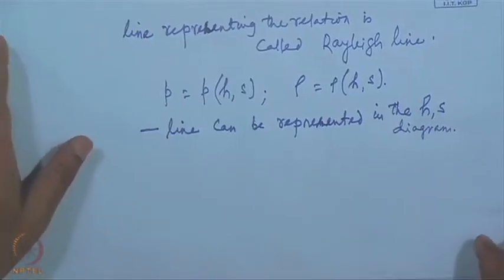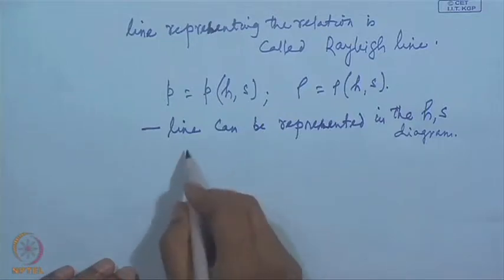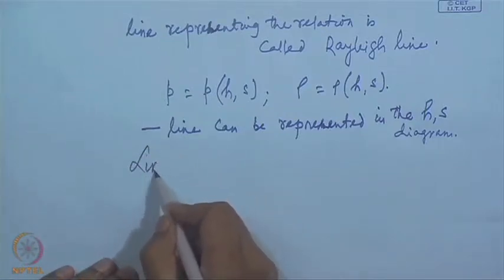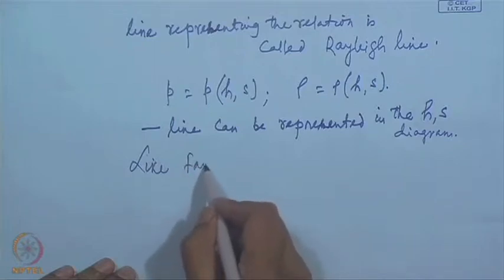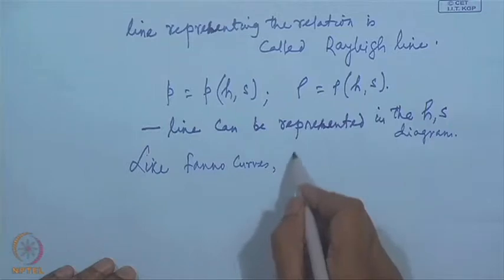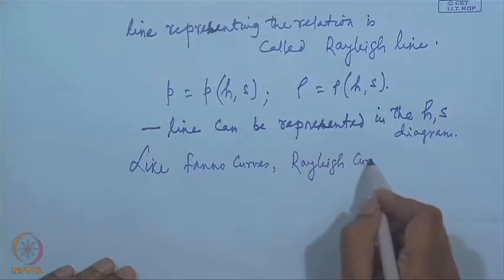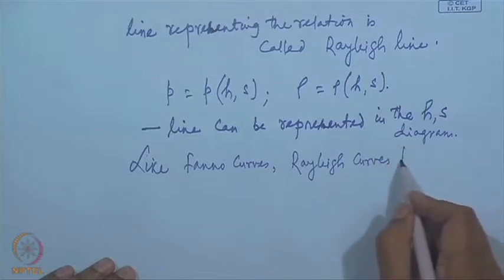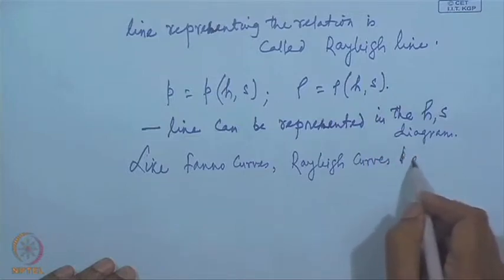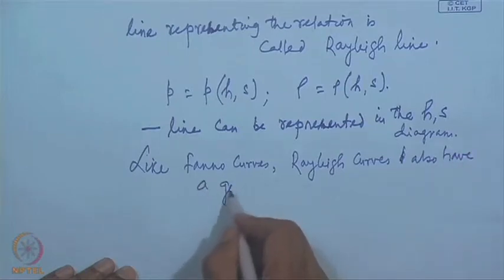And as you have seen in case of Fano curves, we can see these Rayleigh lines or Rayleigh curves have also general form. So, like Fano curves, Rayleigh curves also have a general form for all substances.